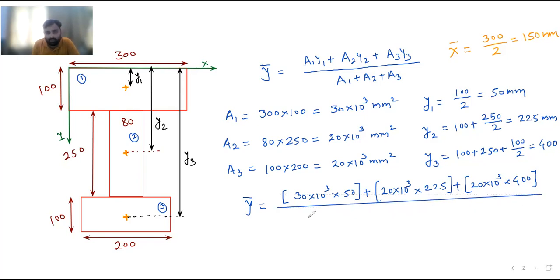So A1 is 30 into 10 raised to 3, plus A2 20 into 10 raised to 3, plus A3 20 into 10 raised to 3.